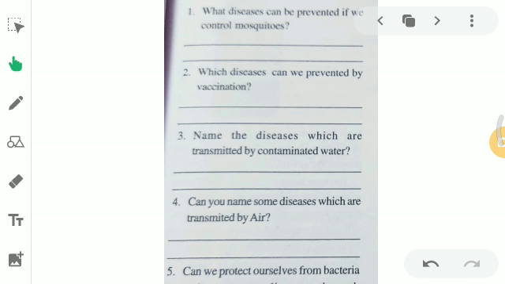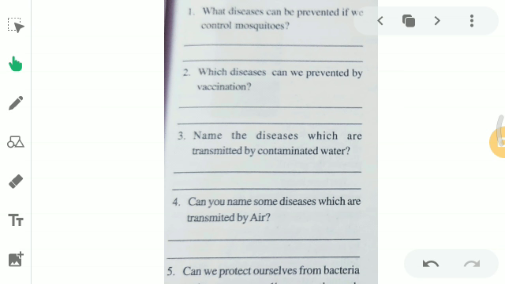Can we protect ourselves from bacterial and protozoan diseases through vaccination? You know what vaccination is and how it is useful to us. Vaccination is taken when we do not have any disease. The vaccines contain weak microbes.